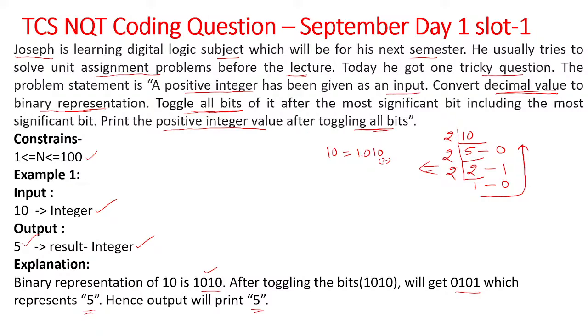If we get 1010 here, what we need to do is toggle all the bits of this binary representation. If you toggle, this 1 becomes a 0, this 0 becomes a 1, this 1 becomes a 0, and this 0 becomes a 1. So you are getting 0101.